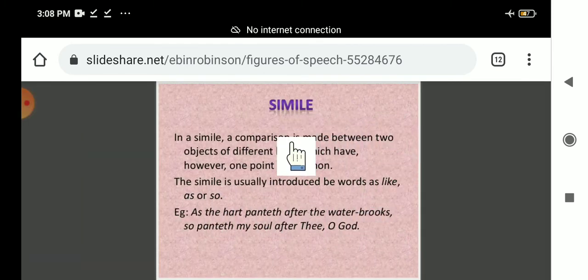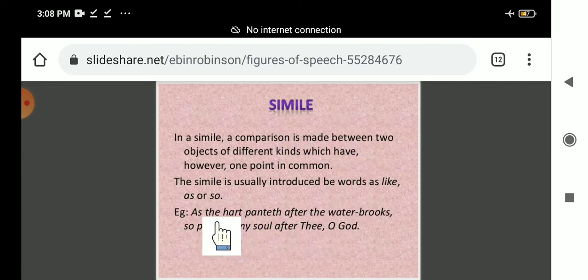So student, the previous slides tell about resemblance, contrast, all about this. That is not so important, but what is important here is the simile, which we have discussed in the previous class. See, in a simile, a comparison is made between two objects of different kinds which have, however, one point in common. The simile is usually introduced by words like, as, or so. So if these kinds of words are in the sentence, you can find that simile is used.